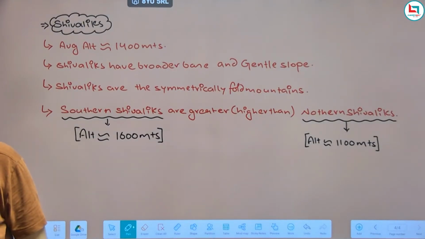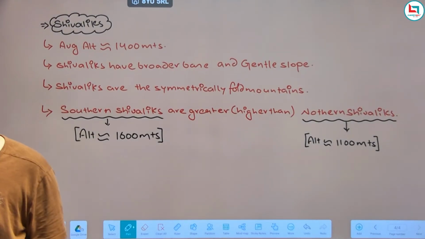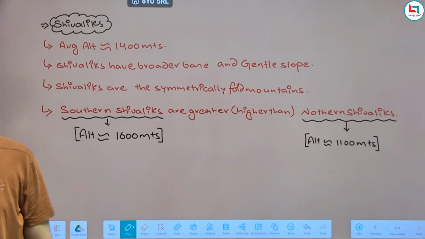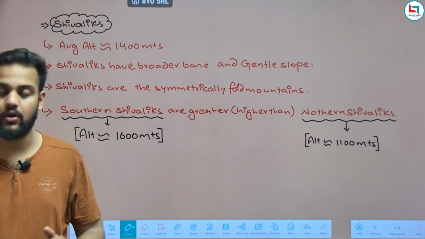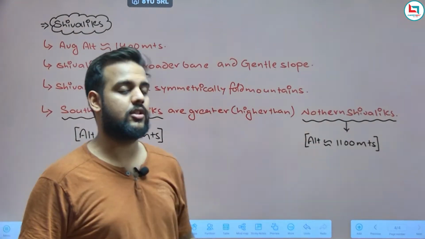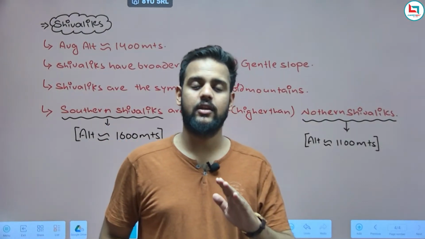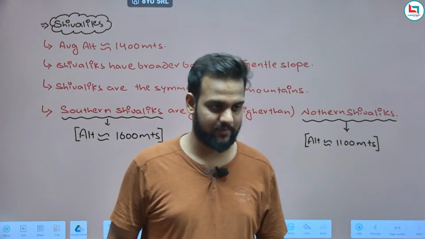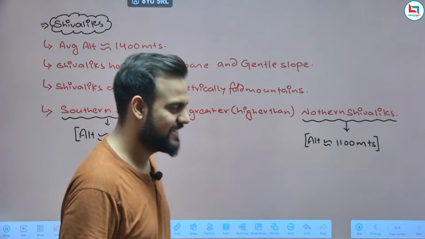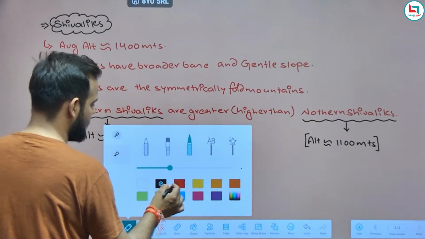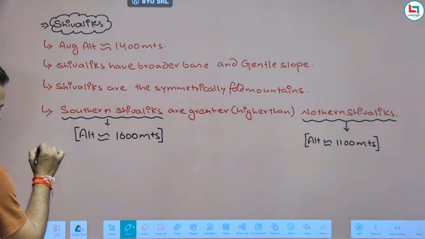And remember guys, Shivaliks have very fertile soil and they are covered with the dense forest, especially the southern Shivaliks. They are the hot spot of biodiversity. Okay, remember this. Write down this point also.